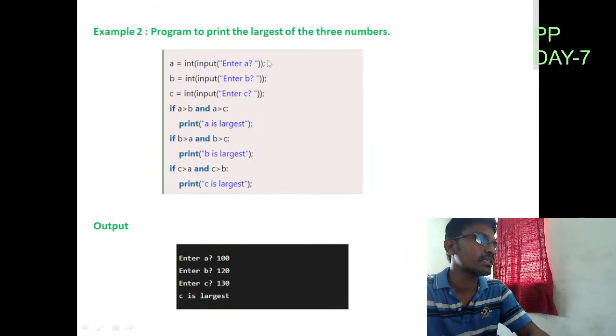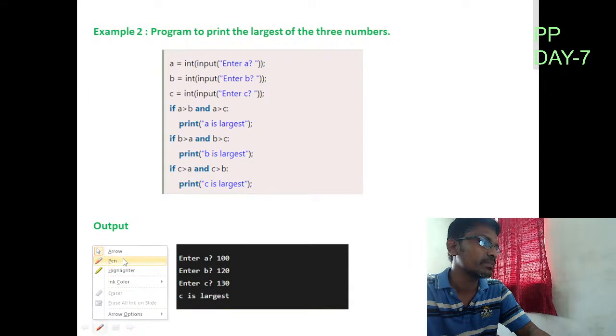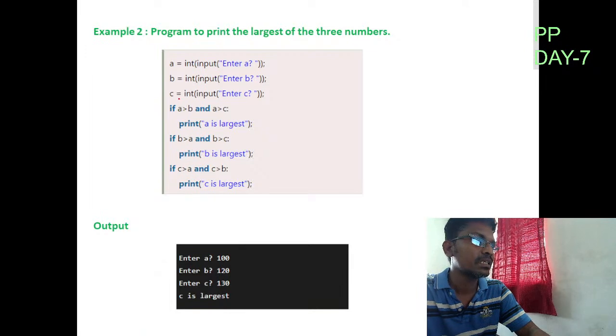And now in the second example, I want to find which one is the largest among 3 numbers. So for that I am writing statements. A is equal to int of input function, "Enter A", and B is equal to int of input function, "Enter B", and C is equal to int of input function, "Enter C".